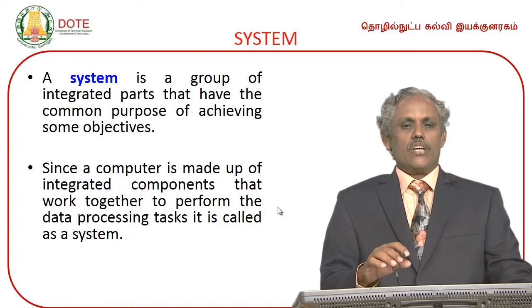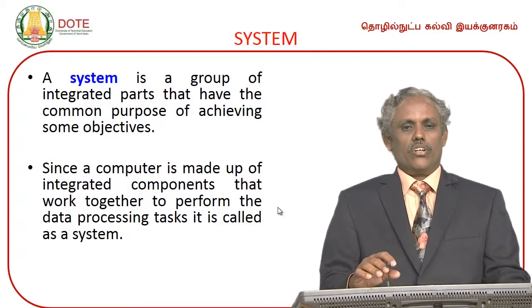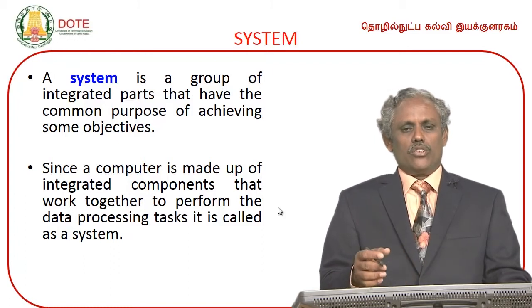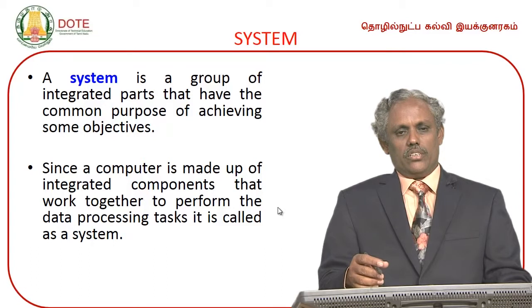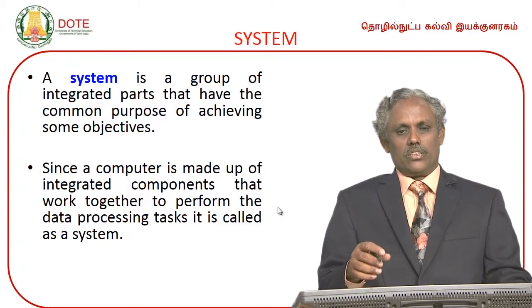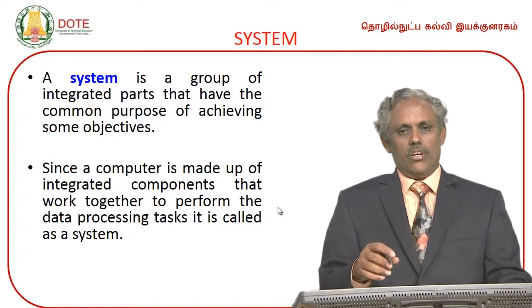Normally, a system is a group of integrated parts that have the common purpose of achieving some objectives. A computer is also made up of integral components. They work together to perform the data processing task. That is why it is called a system.